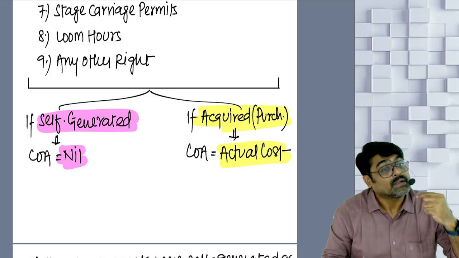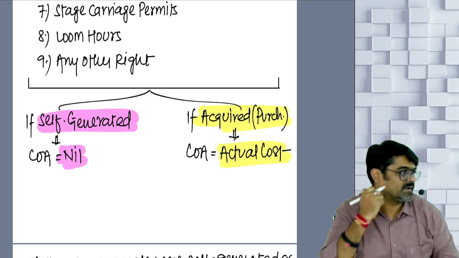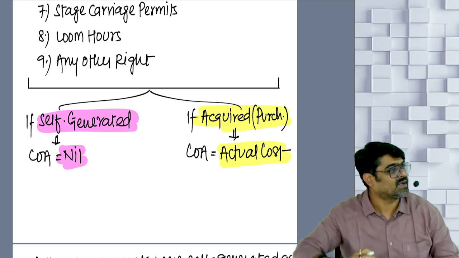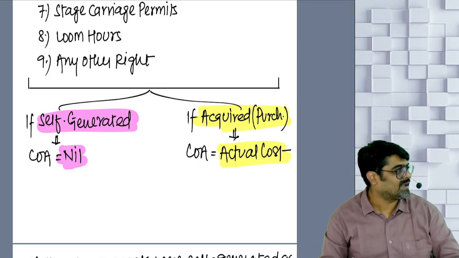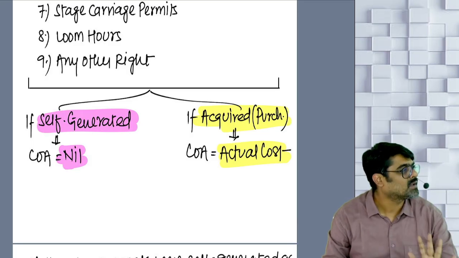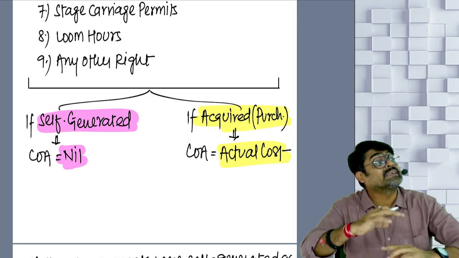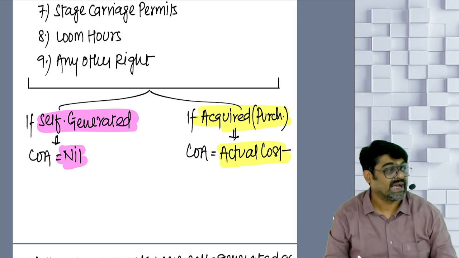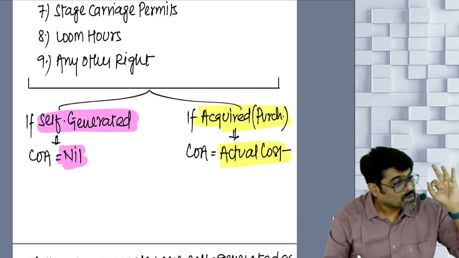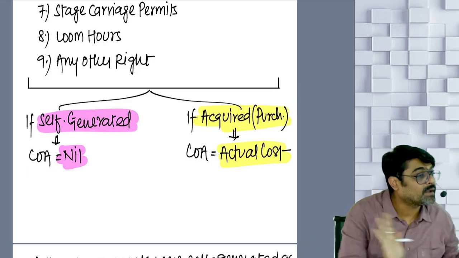Even if we prescribe some method, you will come to fight with us, saying this method is not for my case, my industry is different, in my industry the cost should be determined like this, like that. We don't want those kinds of litigations further. So whenever these types of assets are sold as self-generated assets, to calculate the capital gain you are going to take cost as nil only. We have already defined it now.